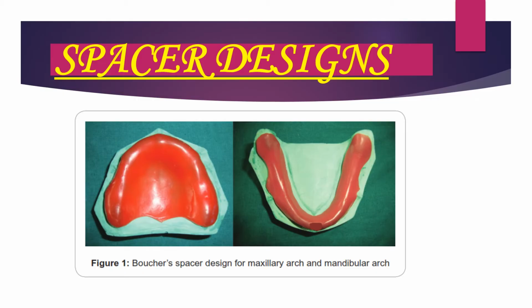He also advocated the placement of escape holes with a number 6 round bur in the parietal region, and 1 mm thick base plate wax covers the mandibular ridge except the buccal shelf area and the retromolar pad. So this is the Boucher spacer design for maxillary and mandibular arch.